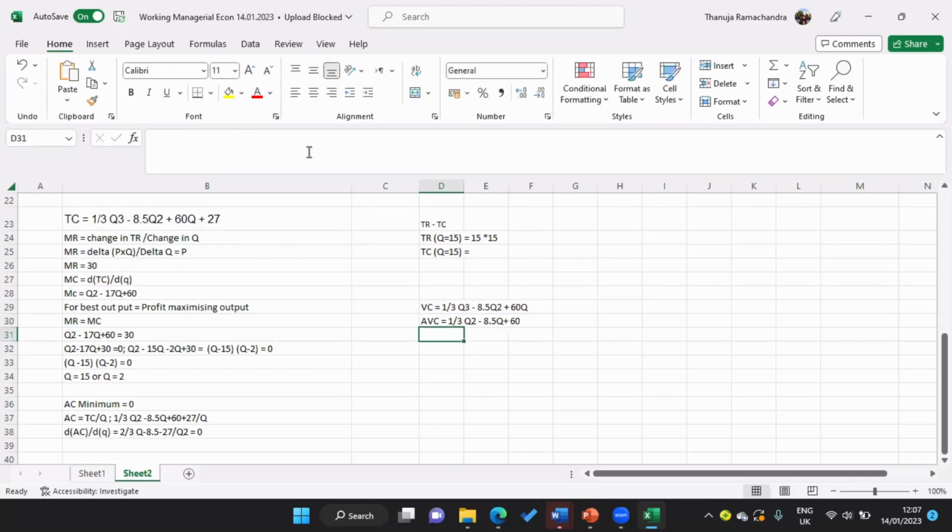Okay. This is the average variable cost, right?